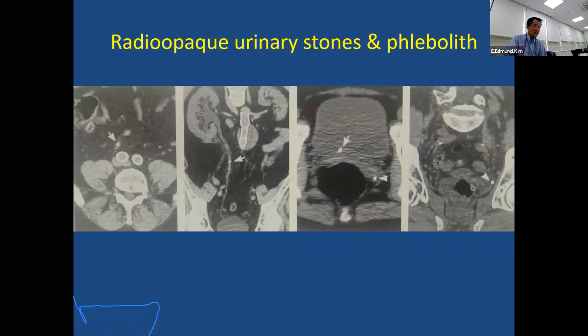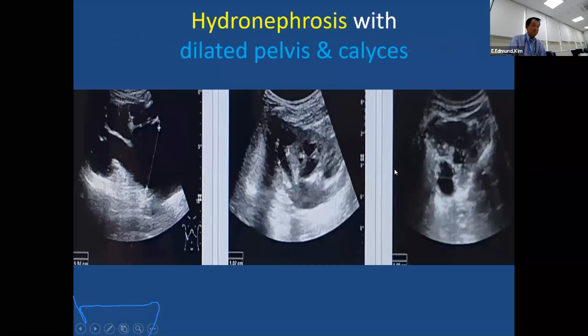So it's a tiny radiopaque stone here, not obstructing much. It drains down. After drinking a beer, it usually shoots down here, but it's so painful when they travel here. And so the collecting system and pelvis are dilated.